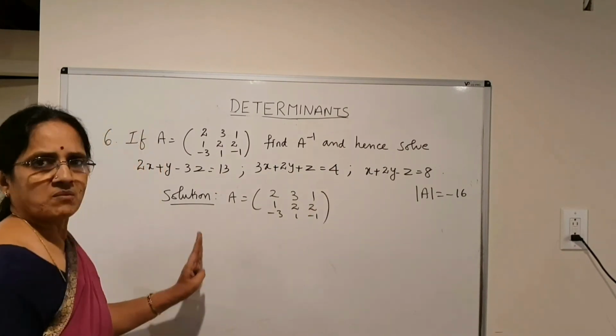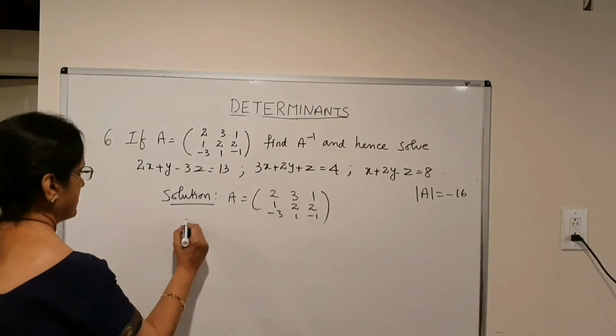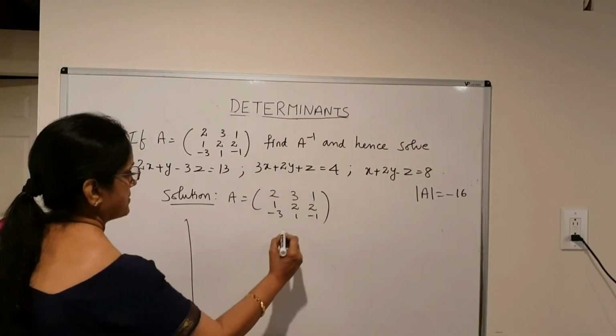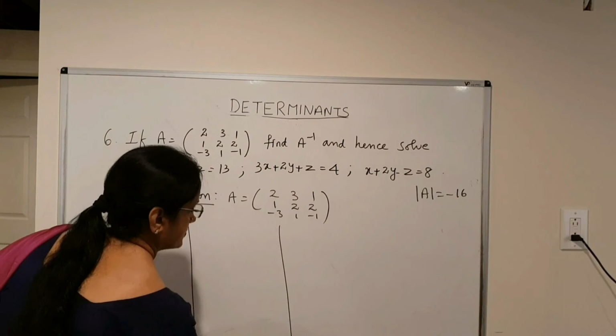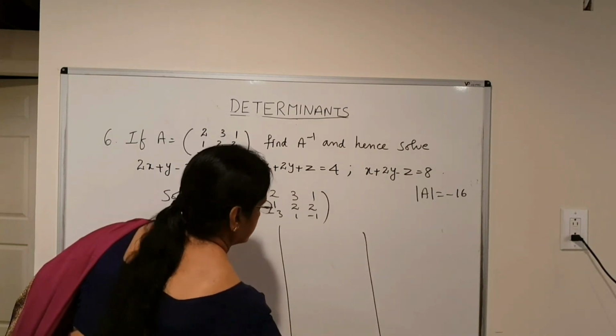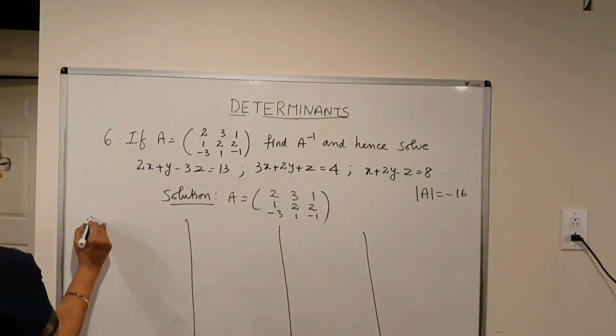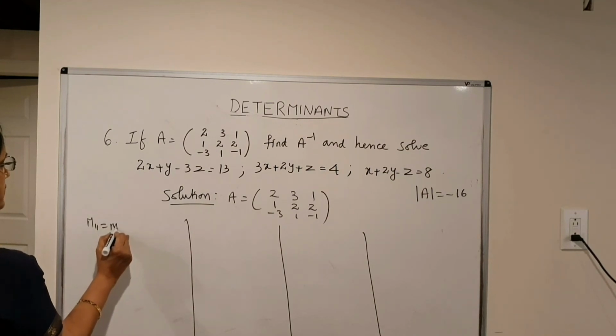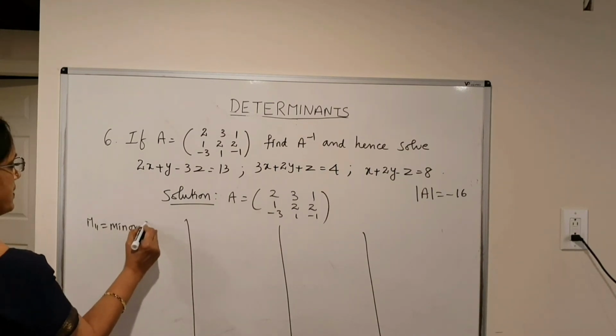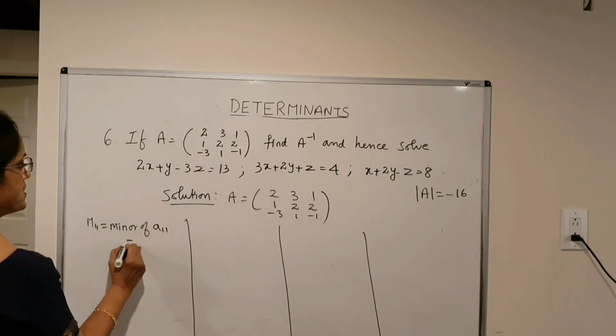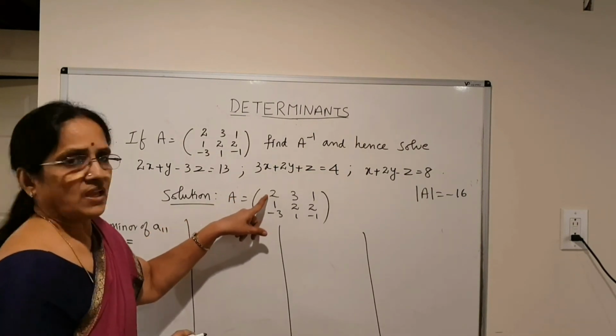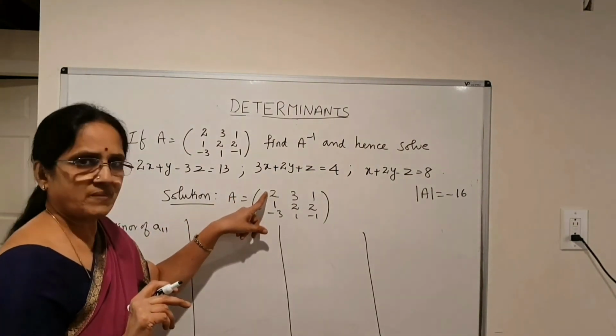Let me find the minors and the cofactors. M11, minor of the element a11, small a11, is this element 2.